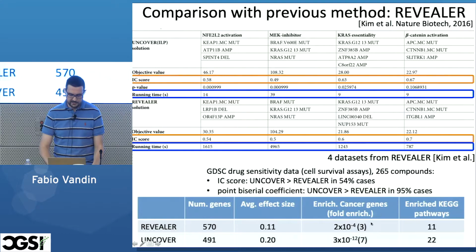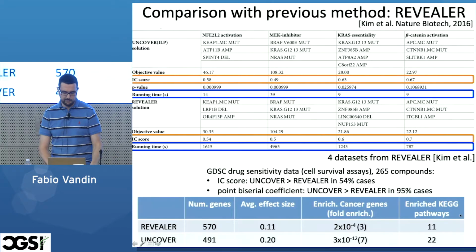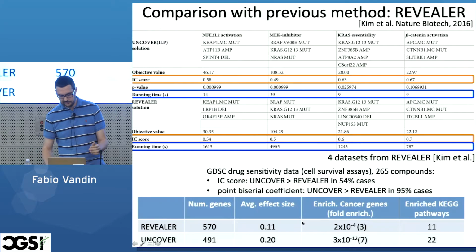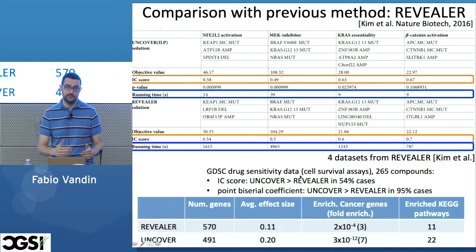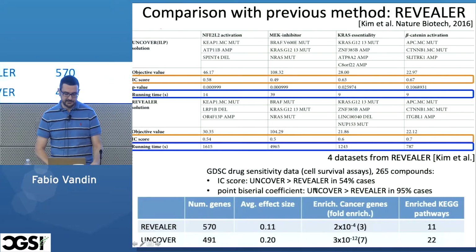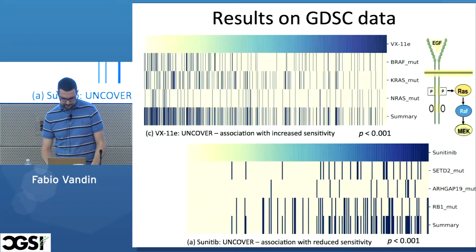And the solutions by our method Uncover are much better in enrichment, both for cancer genes and for pathways, than the solutions reported by Revealer. So this shows that, at least for this dataset, Uncover is reporting a lot of interesting genes and a lot of interesting subnetworks.